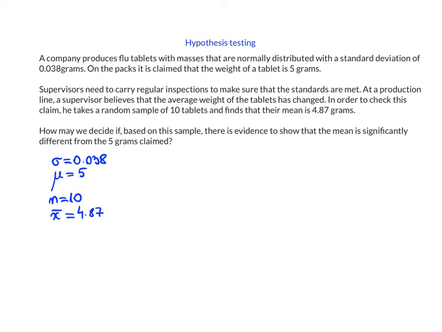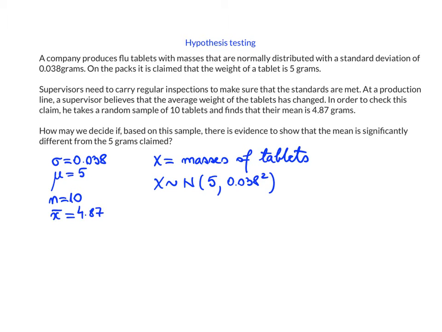Even though n is relatively small, the fact that the masses of the tablets, and I'm going to denote by x the masses of the tablets, are normally distributed with a mean 5 and the variance 0.038 squared.